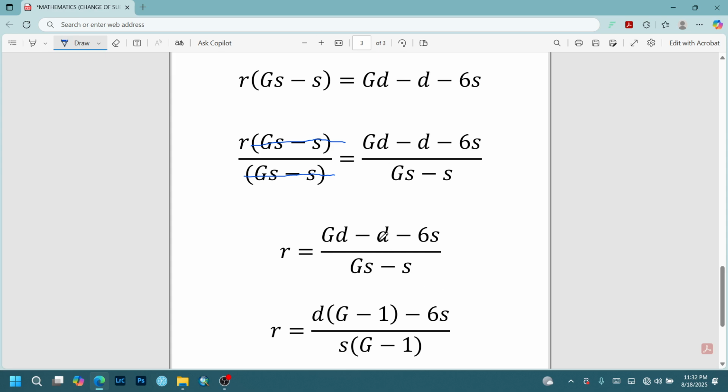So we have two like variables here, which is D here, D here. So we group like terms, okay? So we bring D out, okay? And we find a variable that when we multiply by D, we are going to have JD, and when we multiply by D, we are going to have negative D, right?